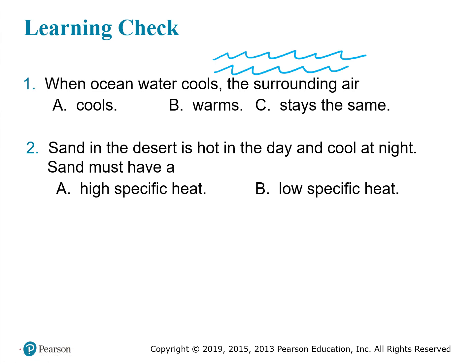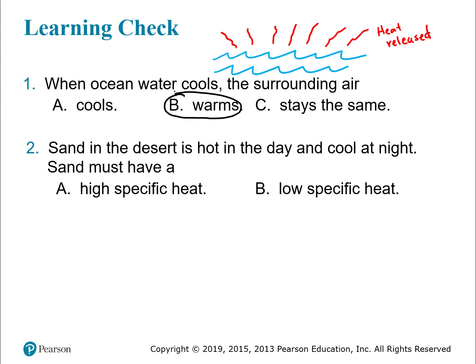And when something is cooling, that means heat is being released. That heat is being released into the surrounding air. That means the surrounding air is going to get warmer.